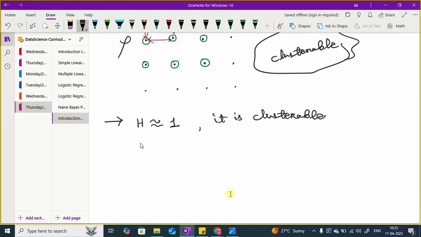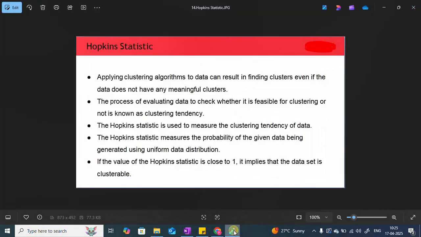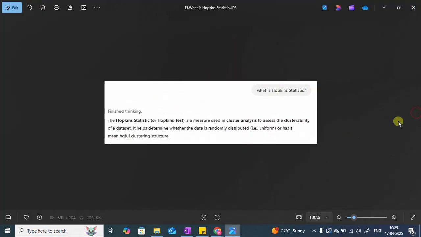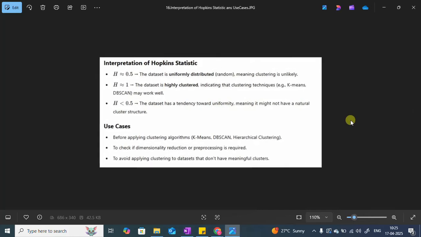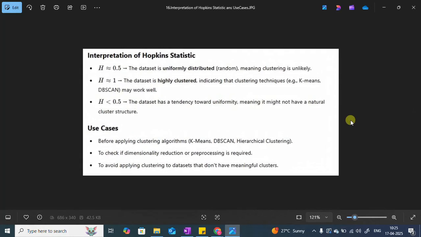Now, the other two points. If it is equal to 0.5, which is the threshold value, because most of the time it is the threshold value, right? What will be the scenario? Guys, if it is equal to 0.5, then the data set is uniformly distributed, meaning clustering is unlikely.